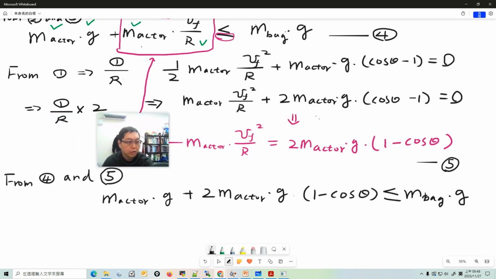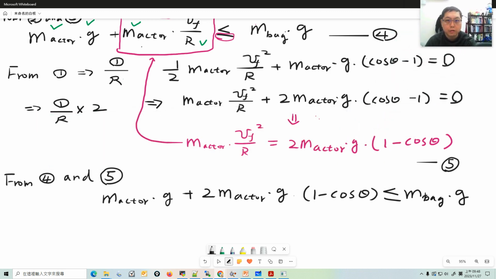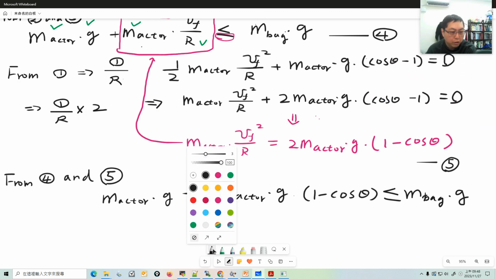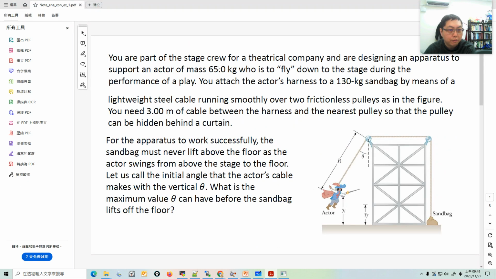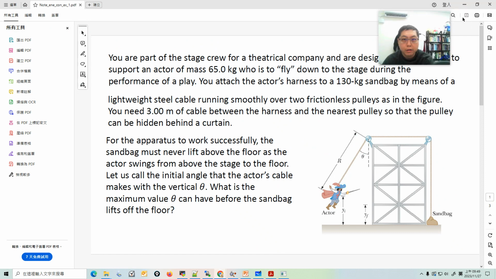For this final equation, g can be cancelled out, divided. The mass of the actor is 65 and the sandbag is 130, and the length of the rope is 3 meters.